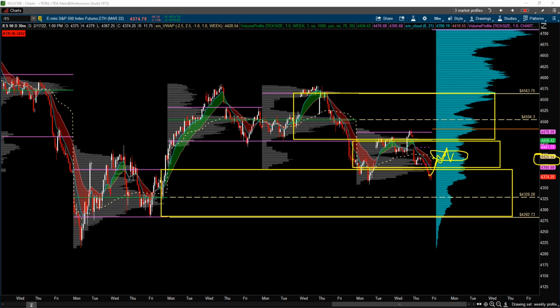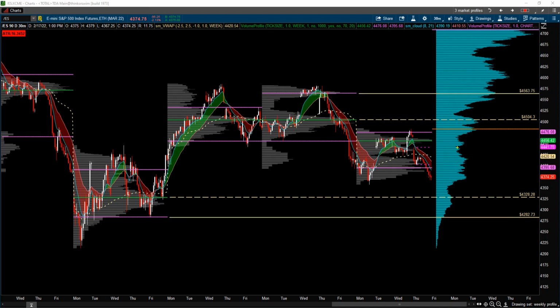That's what we're looking at on the weekly volume profile, because we notice there is this high volume node here. It could come down to this area and probably get rejected back up. So it could make its way down to this 4328 and then push back up.